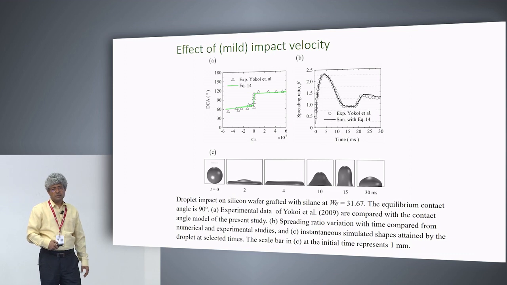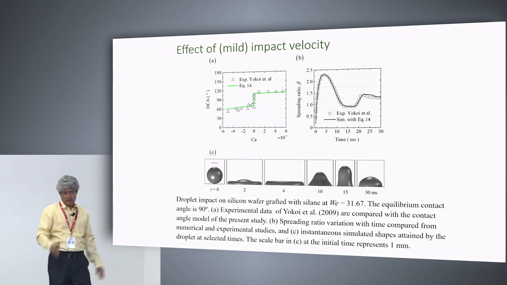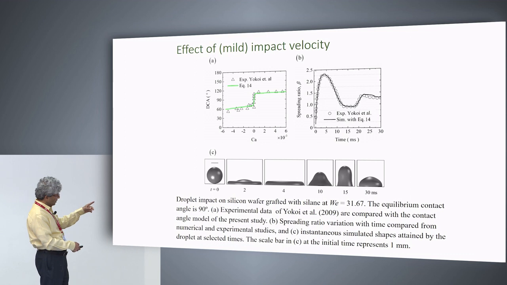This Weber number is an important quantity where the drop may get ejected and fall back. So then you want to know how spreading is impacted. This is with an experiment from the literature. I think this picture I showed you earlier, and we were able to get a good match.